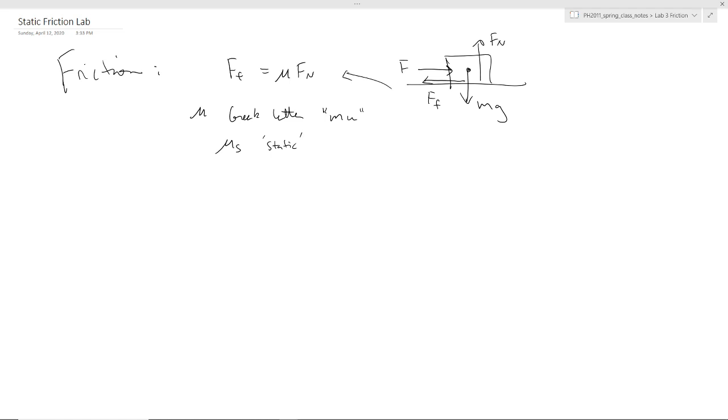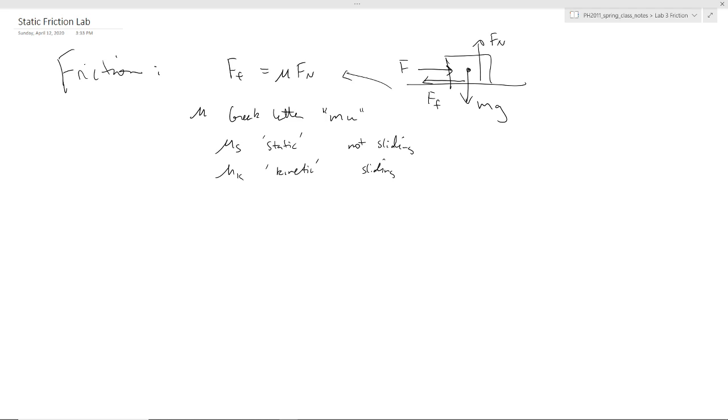Think of this as basically not sliding. And then the other flavor is mu K for kinetic. And I think of this as sliding friction.